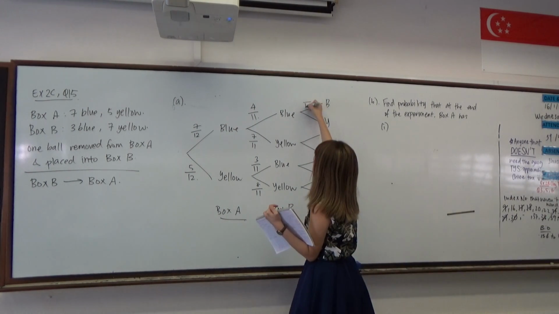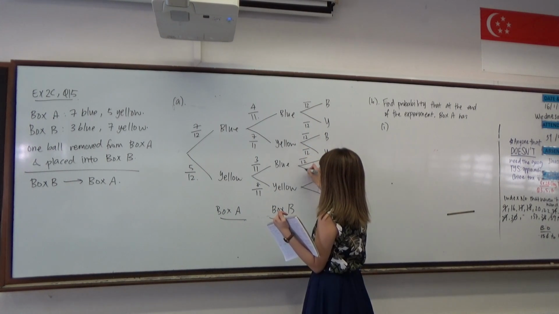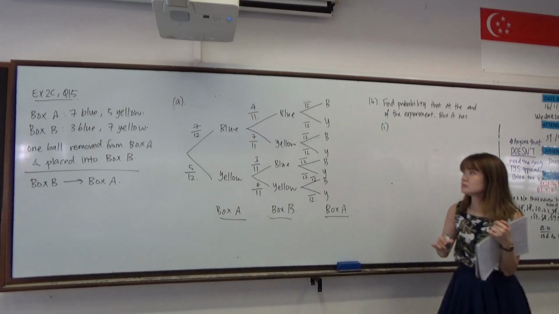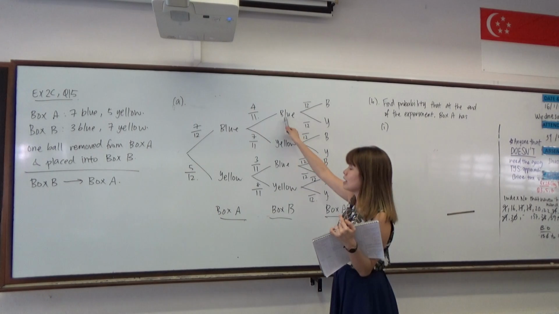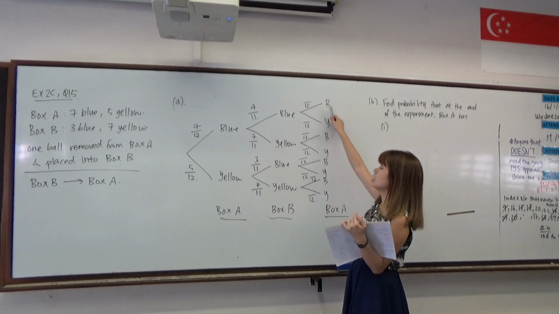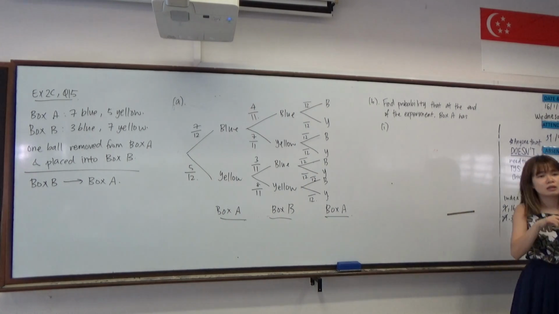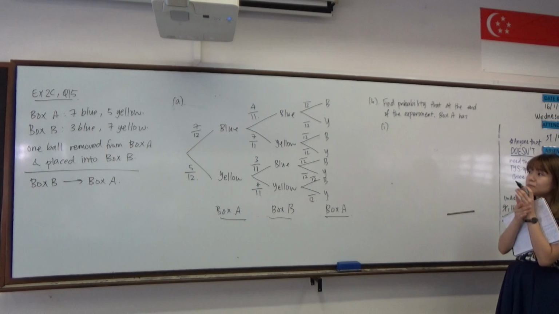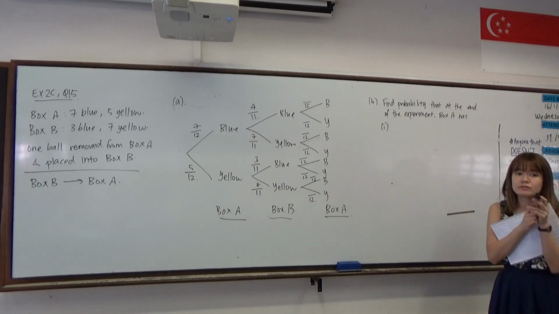So over here everything will be over 12. Following so far? So if I were to take a blue one from box B, what's the probability of taking a blue one from box A after putting one from B back into A?